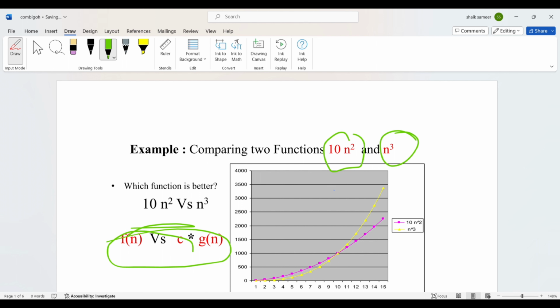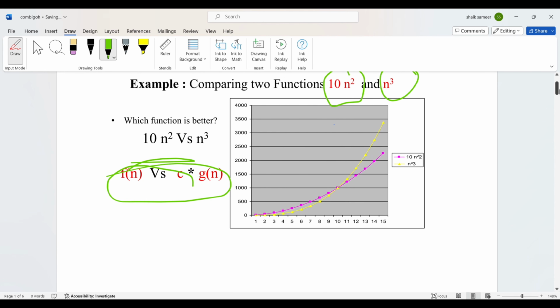First, I will say how to draw this graph. See here, first you take 10n square. On the x-axis, you write sizes 1, 2, 3 like that.